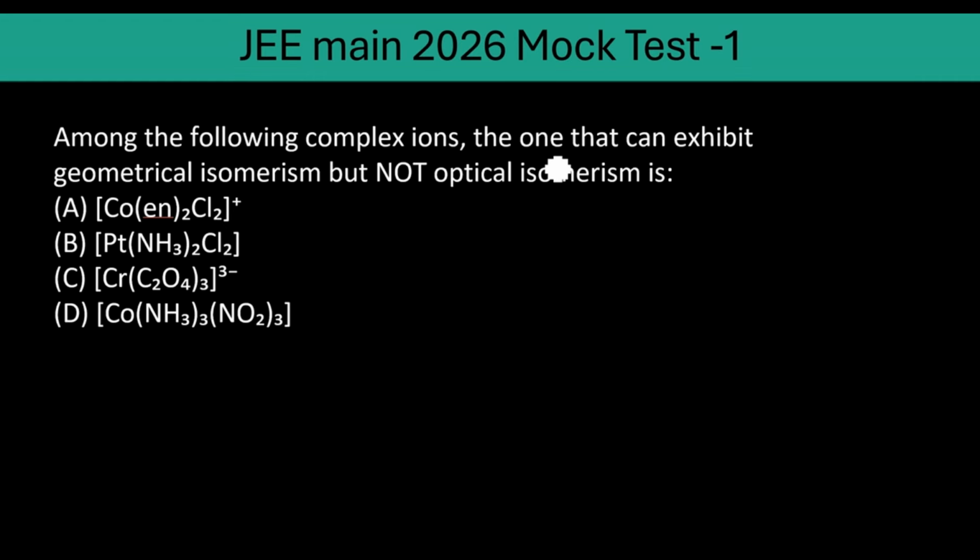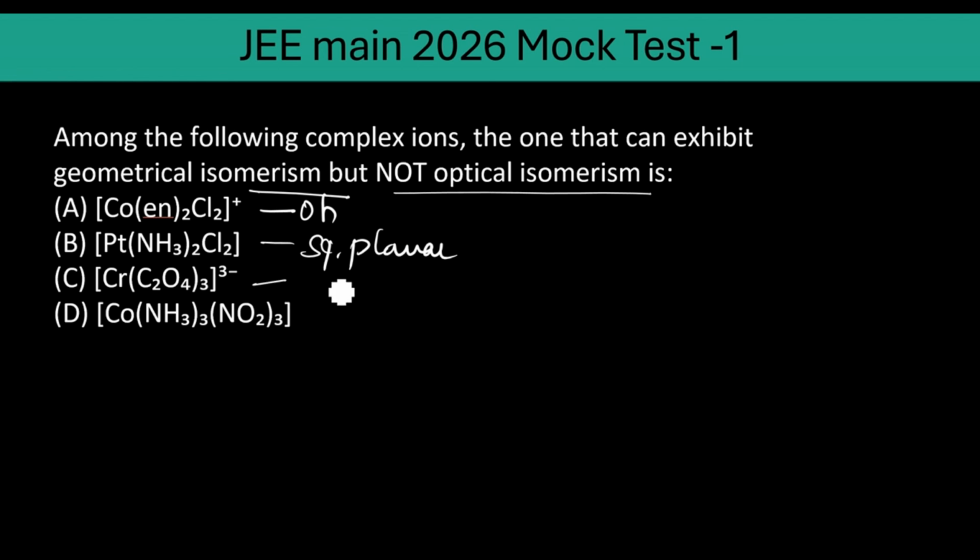Among the following complexes, the one that can exhibit geometrical isomerism but not optical isomerism. Here you see this is M(AA)2 type, this is MA2B2, this is M(AA)3, this is MA3B3. Among these, this is octahedral, this is square planar, this is also octahedral, and the last one, MA3B3, is also octahedral.